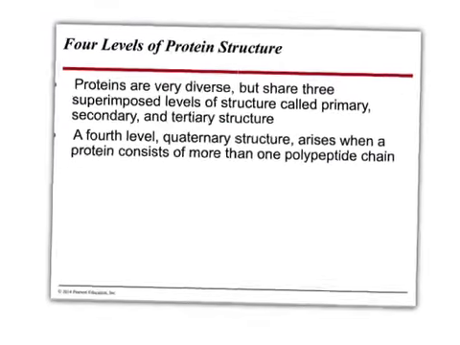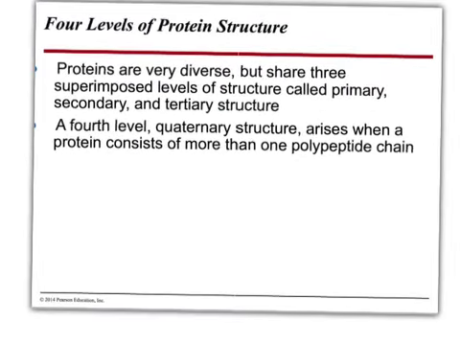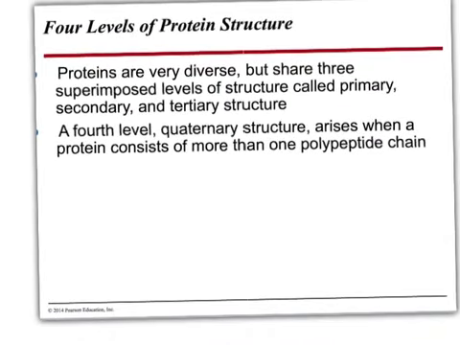So your 4 levels of protein structure. There are 3 superimposed levels of protein structure called primary, secondary, and tertiary. The 4th level arises when a protein consists of more than one polypeptide chain. The first level of structure is the chain of amino acids. The second level, secondary structure, is how those amino acids fold into a stable form chain.